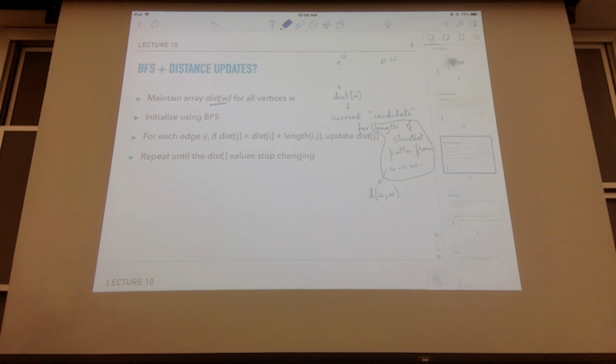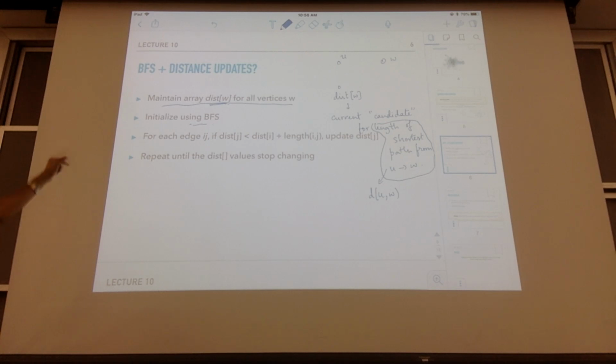And now the algorithm I mentioned last time was the following. You want to maintain this array dist of W, you initialize it using breadth first search. So you will find some paths to every vertex that's reachable from u, and you will have a candidate shortest path length.